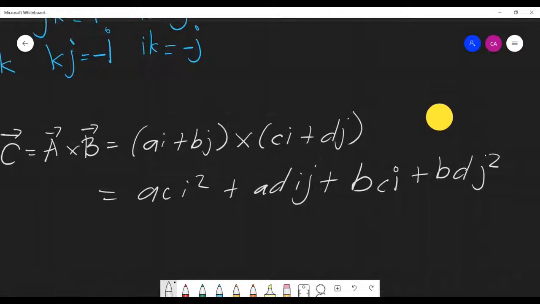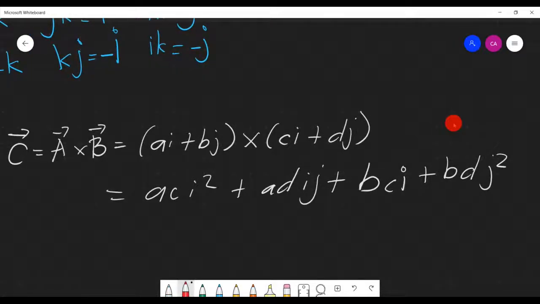Okay? Knowing kanina sa sinulat ko na yung mga square is 0.